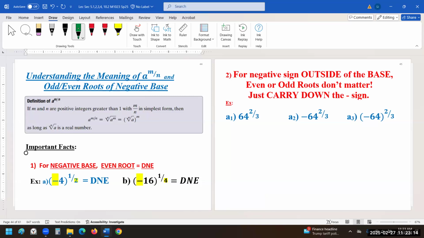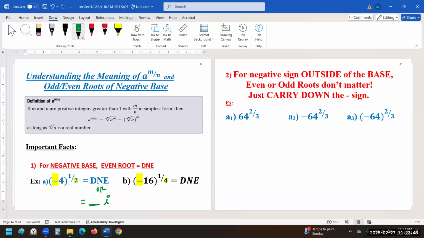It says, if you have a negative inside the parentheses and an even number on the base, the answer doesn't exist, or it will have an i. So here the square root of -4 will be 2i. But for a negative base with an even fraction power, the answer doesn't exist.